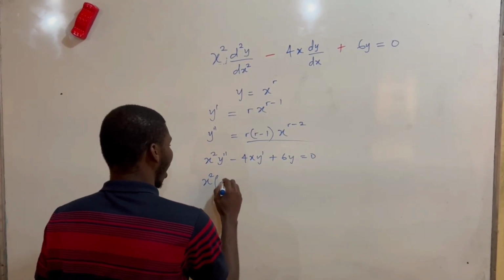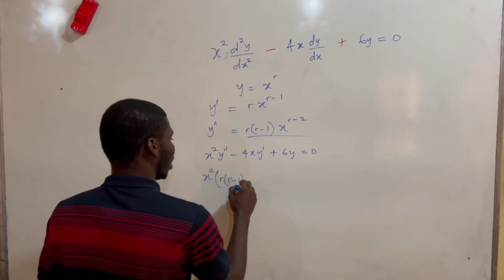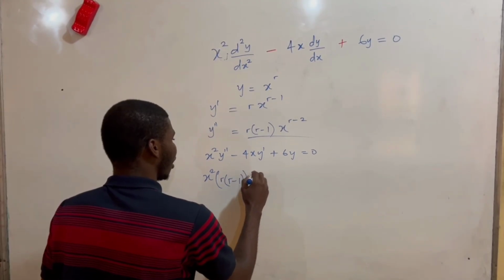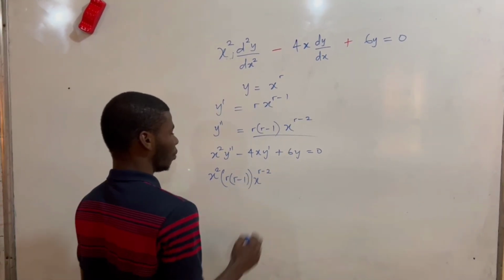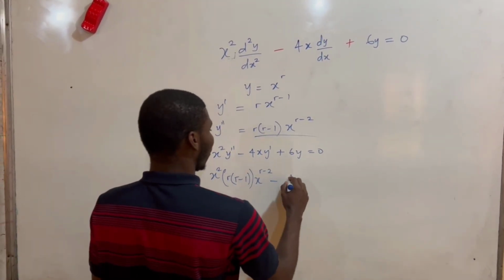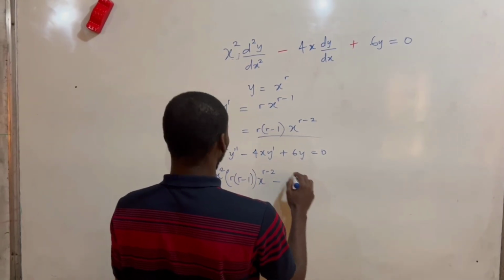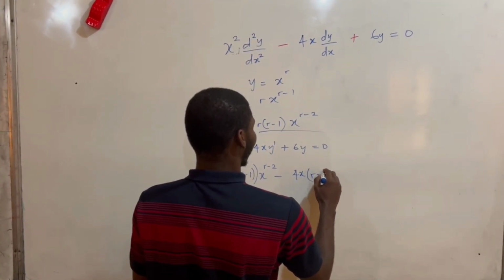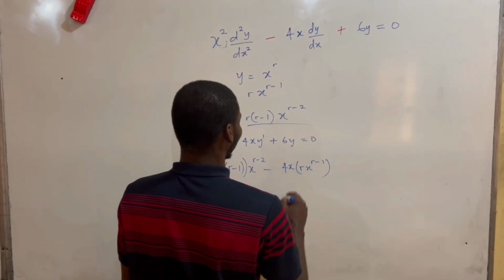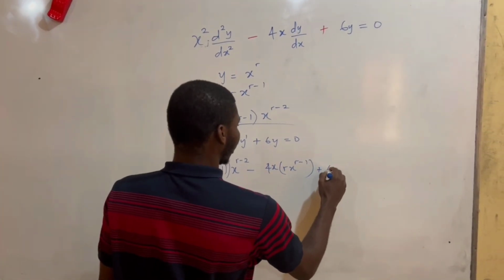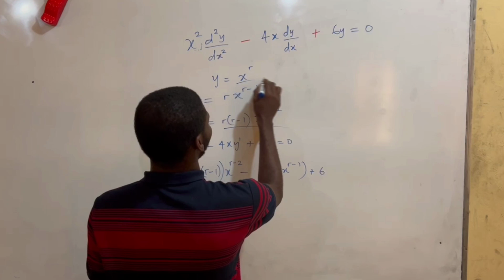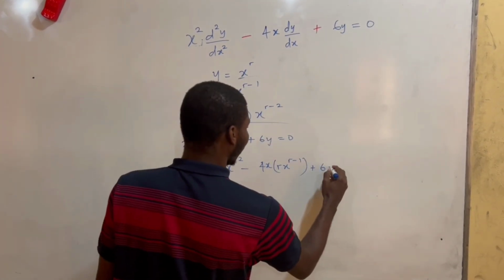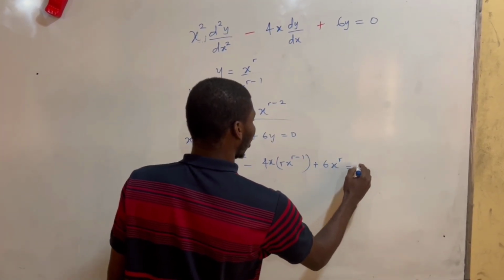So I will write r multiplied by r minus 1, x to the power of r minus 2, minus 4x, y prime is r multiplied by x to the power of r minus 1, plus 6y, y is x to the power of r, so we have x to the power of r equals 0.